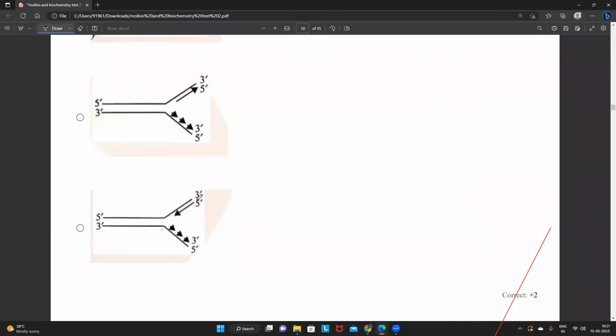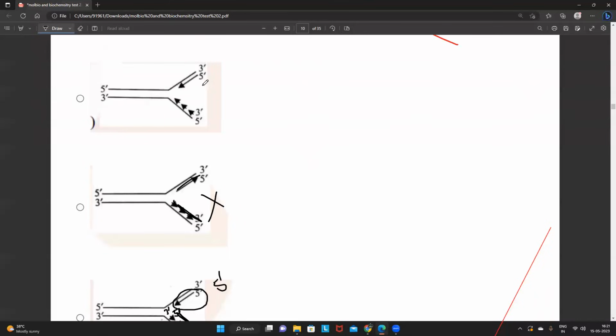You see here, one is moving towards the replication fork. So 5 prime, 3 prime, right? And what will be the opposite one? This will become 5 prime, this will become 3 prime. So 5 prime to 3 prime. Here both are moving in the same direction, right? In the third graph, so it is wrong. Here this is a 5 prime, and here also both are moving in the same direction.